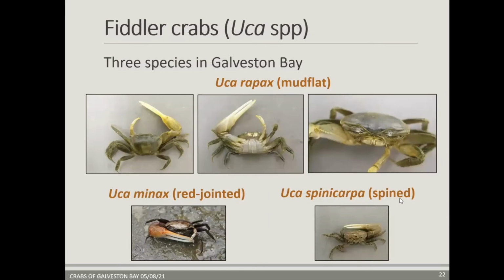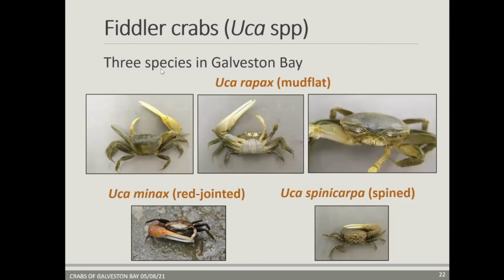Then we have fiddler crabs, and if you've been on bay walks, you're really familiar with fiddler crabs in Galveston Bay. I'm probably going to repeat what you know about them, but if you haven't been part of our bay walks at the state park, this might be some new and interesting information for you.